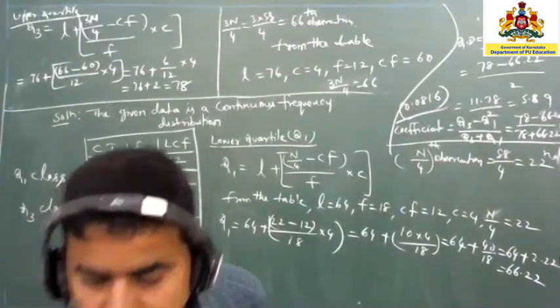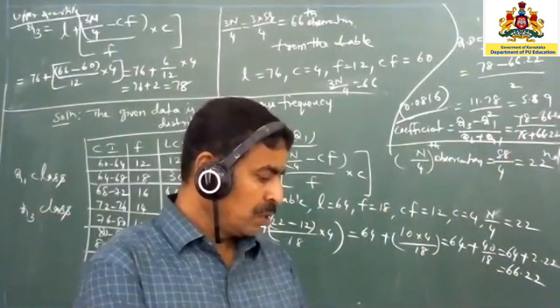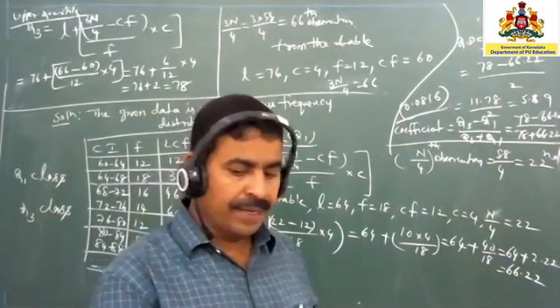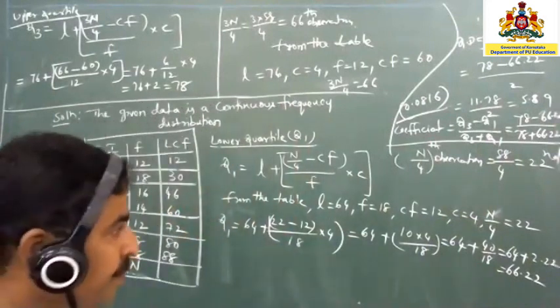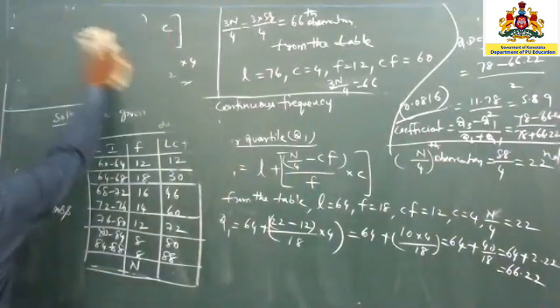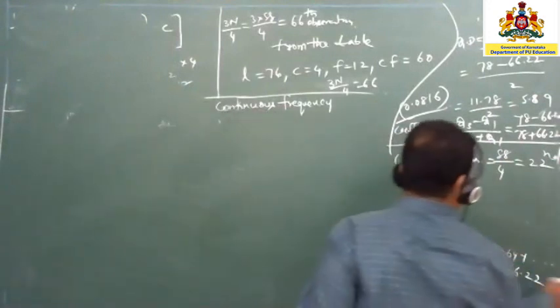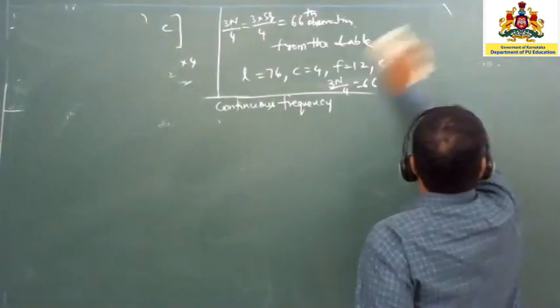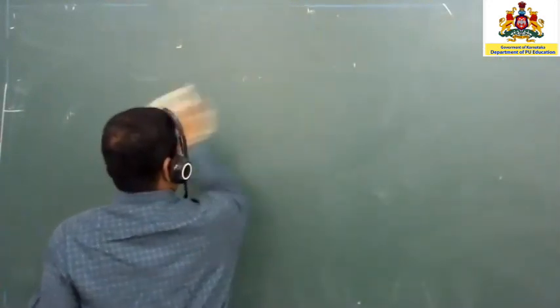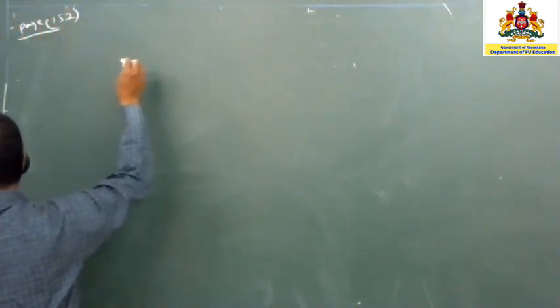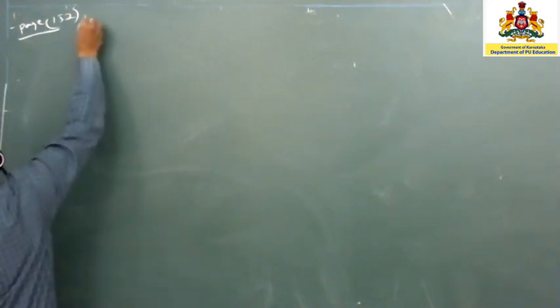Okay, I'll explain another sum. For a continuous frequency distribution, the sum is given on page number 157, example 8.